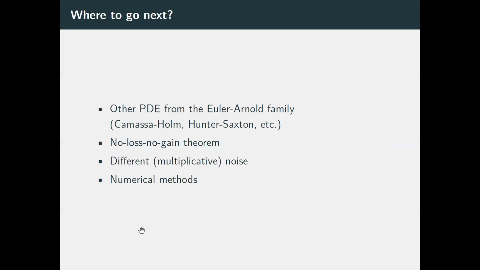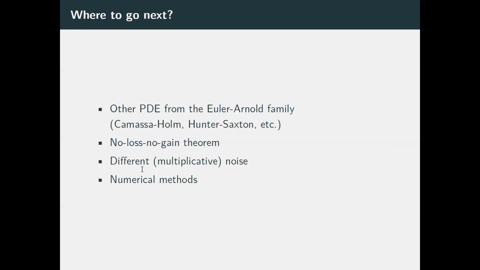Then there's a famous no loss, no gain theorem, which tells you that the statement of local well-posedness from the last slide, which actually depends on my choice of Sobolev index, is in reality not depending on the Sobolev index. So if your initial data is good enough, then the solution will be the same for all of the Sobolev index spaces in which it exists.